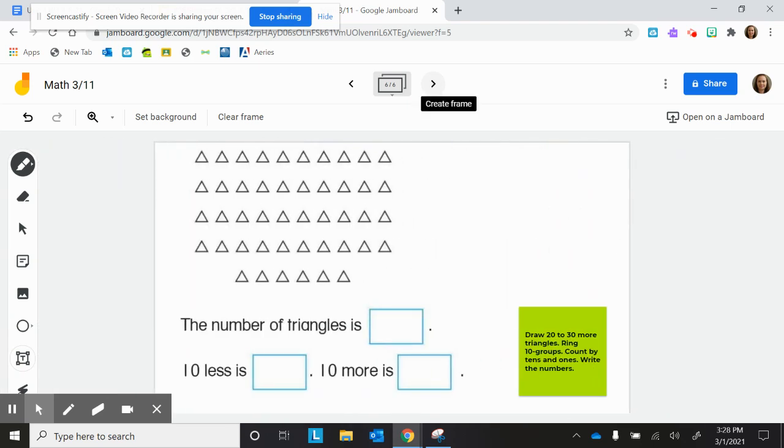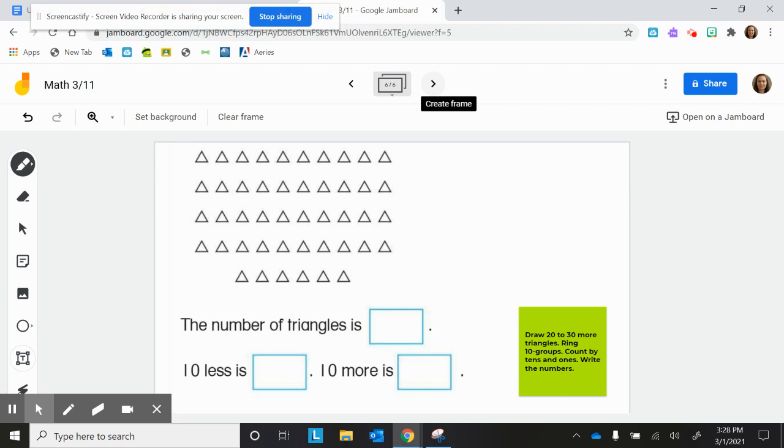The directions say, draw 20 to 30 more triangles. Ring 10 groups, count by 10s and 1s. Write the numbers. All right, so what I want us to do here is draw some more triangles.